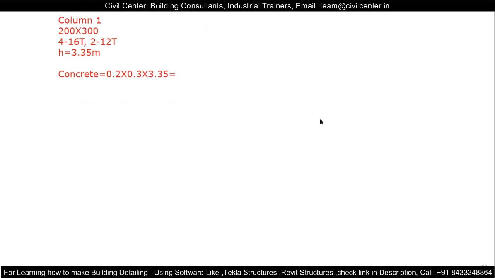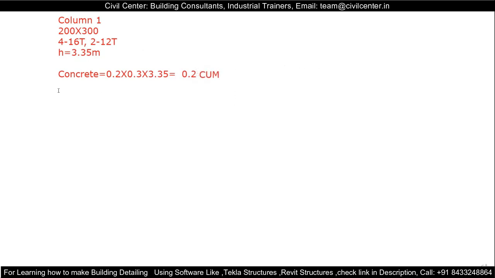Okay, so we have 0.2 into 0.3 into 3.35. Okay, so it is coming 0.2. So we will make it as 0.2 over here. Now this will be having a unit in the cubic meter, so let's write it cum, that is cubic meter.